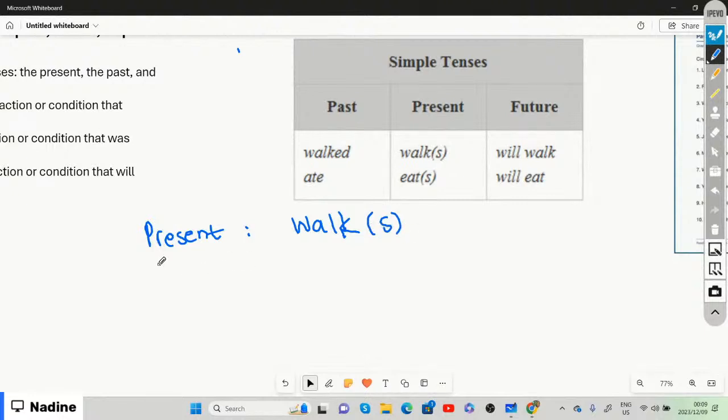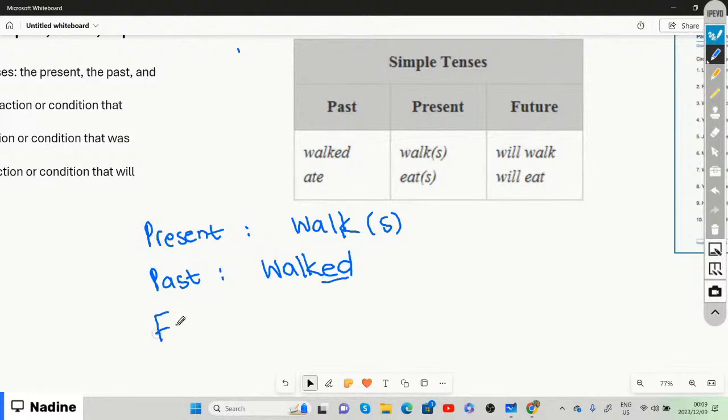Walk or walks is something that the person is doing now. Then in the past, we can say the person walked, and we basically add an ed to show the action that took place in the past.